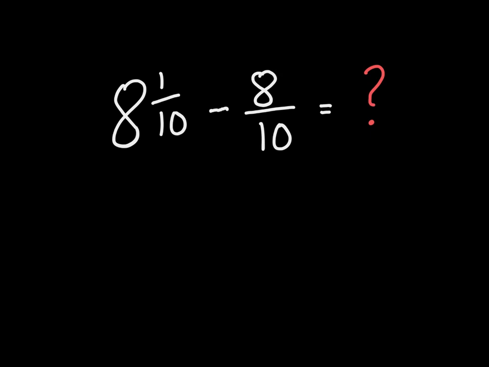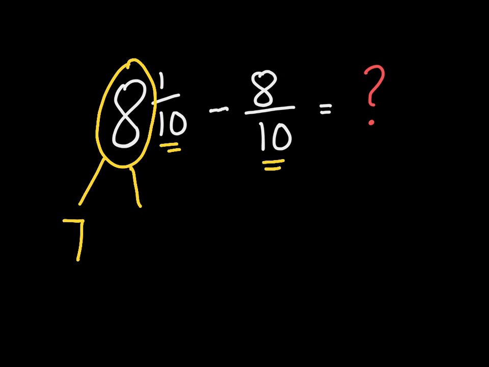8 and 1/10 take away 8/10. Well, we can't take 8/10 from 1/10. So we got to do some magic here with this whole number 8. Got to pull out a whole, and once we pull out a whole, we're left with 7. And because we're talking about tenths, our whole as a fraction is going to be 10 tenths.